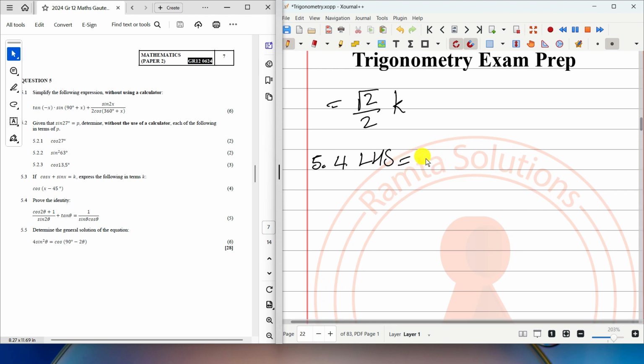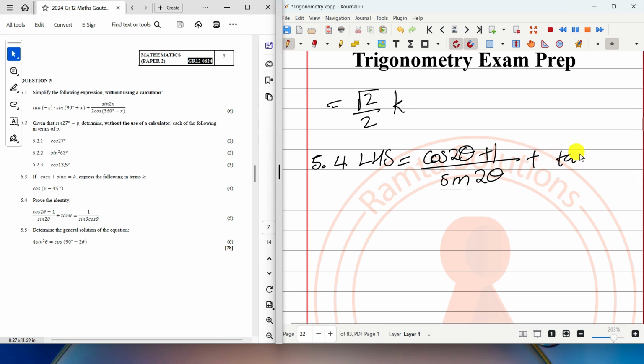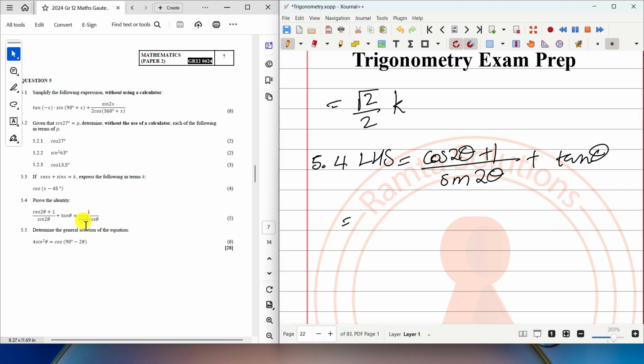So left-hand side is cos 2 theta plus 1 all over sine 2 theta plus tan theta. I do see that in the denominator of the right-hand side, we need sine theta cos theta.